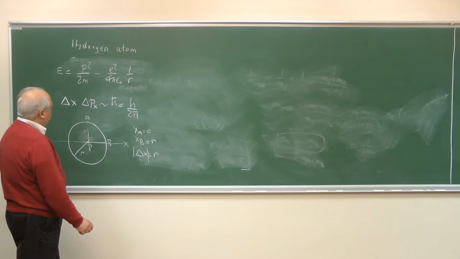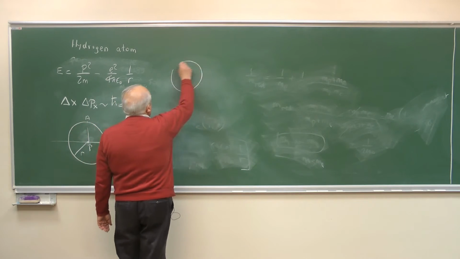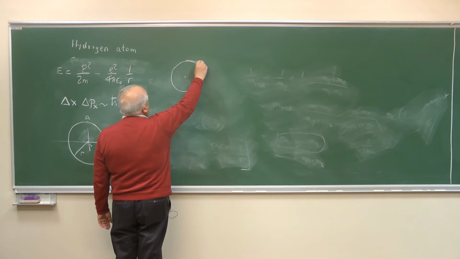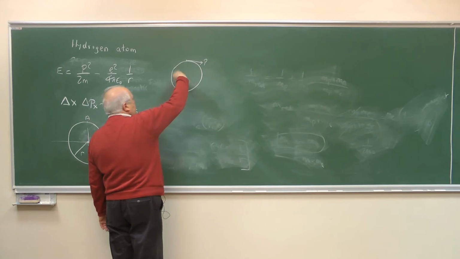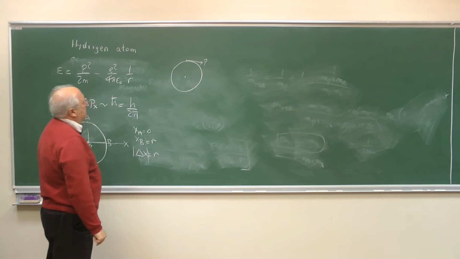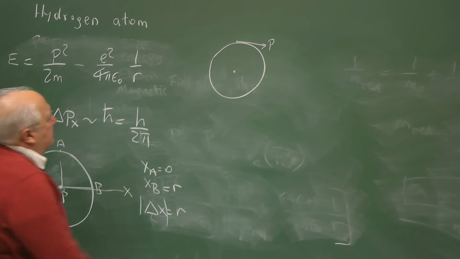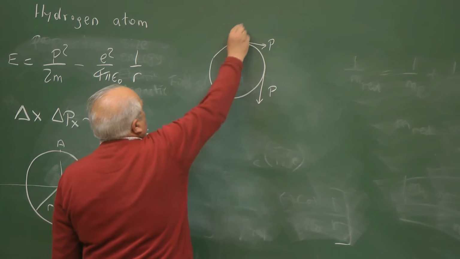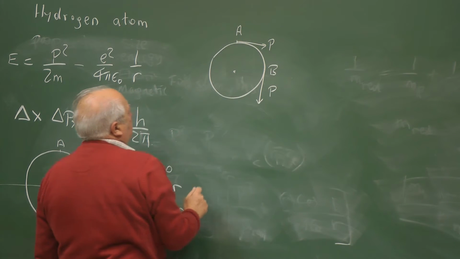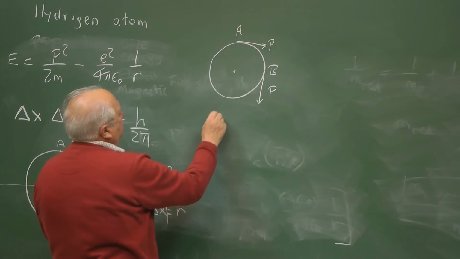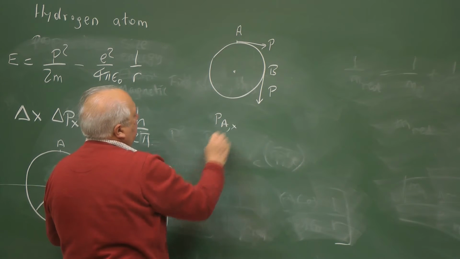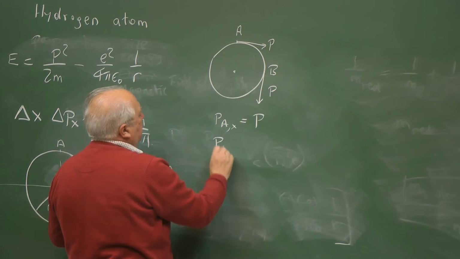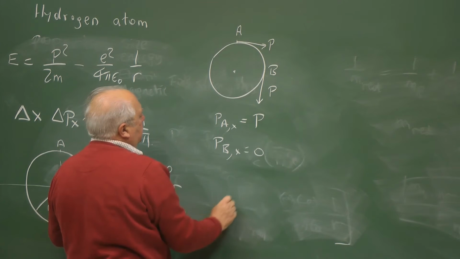Let's look at the momentum. At A, it is going in a circle, so that's the momentum. It is going about it with constant speed. And here it is going with p again, at A and B. So at A, p_A, I'm talking about the x component, is p, and p_Bx is equal to 0.